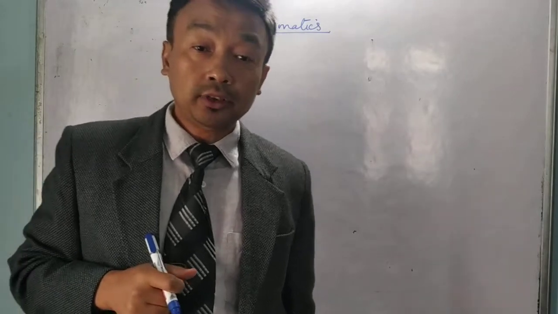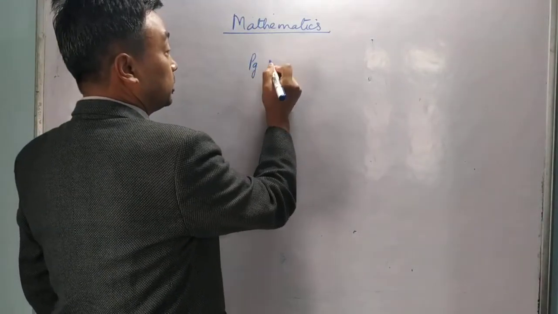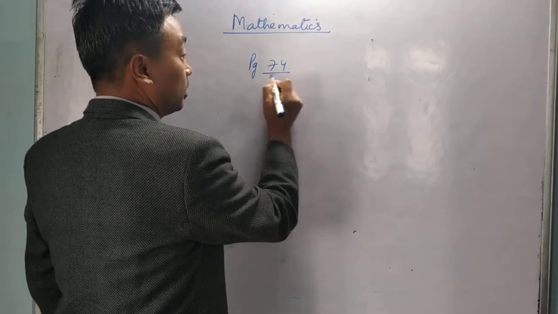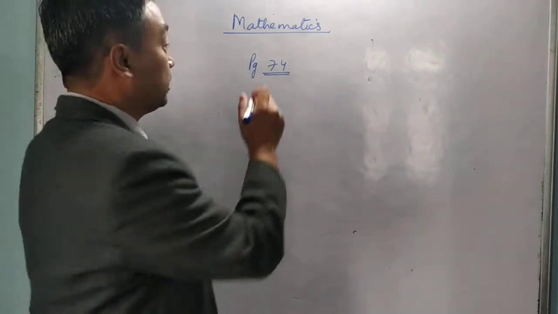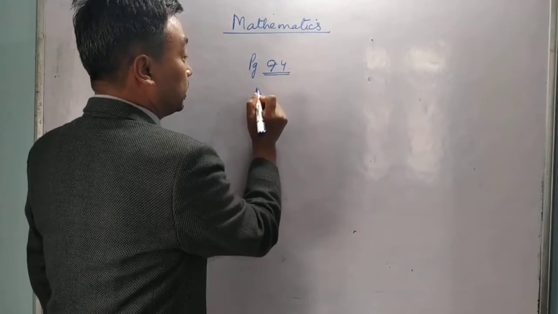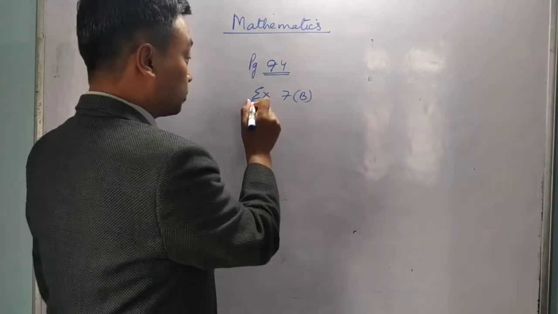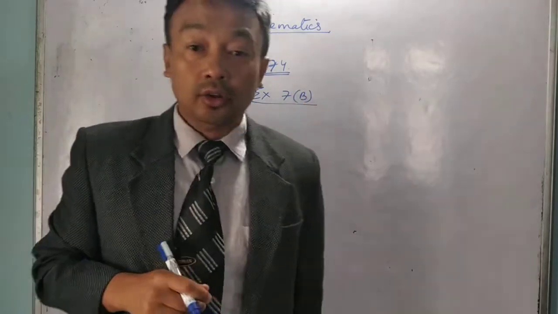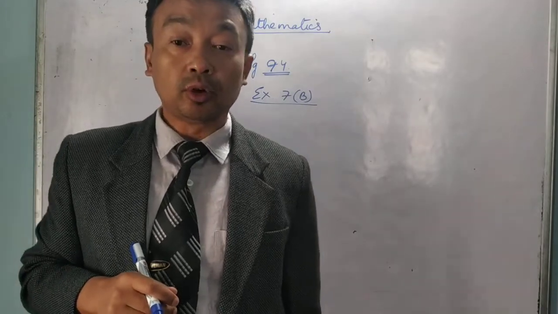It is on page number 94 of your textbook, Selina. Page number 94. And let us take exercise 7B. There you have the first question. Find the fourth proportion.